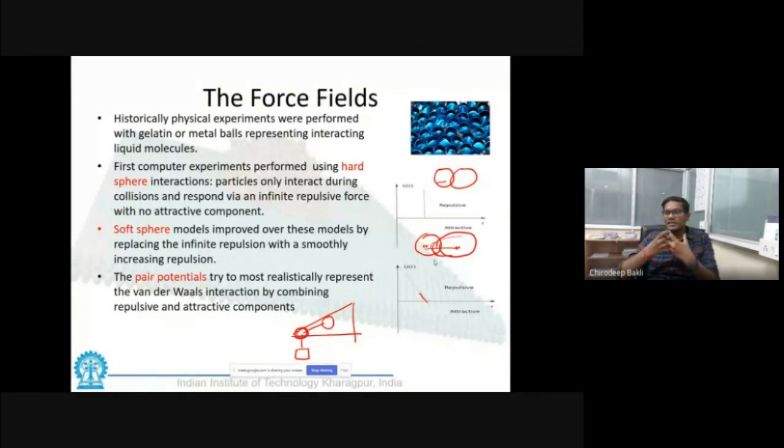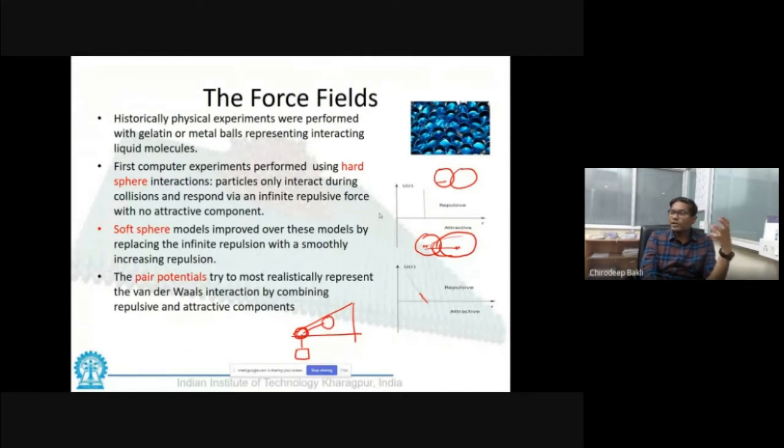Now, after a degree of overlapping, the nucleus of particle 1 and particle 2 are interacting. So it's a concentrated positive charge repelling another concentrated positive charge. So now the repulsion would increase, and it is going to become steeper and more repulsive.